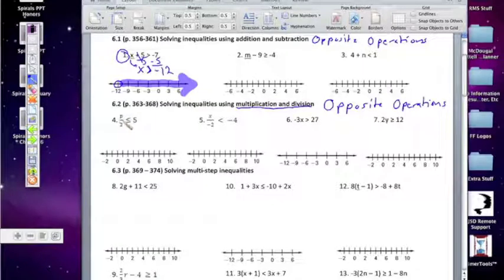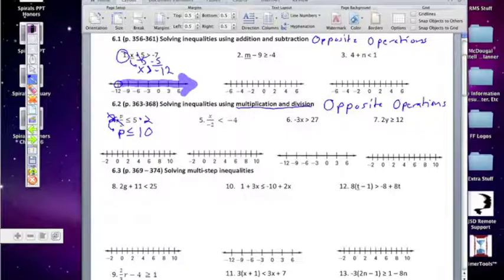So in order to get rid of this division, I must multiply. Times 2 over here, times 2 on the other side. That will cancel these, which leaves what? P is less than or equal to positive 10.